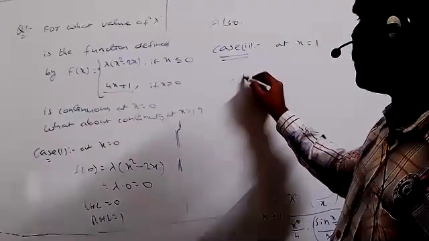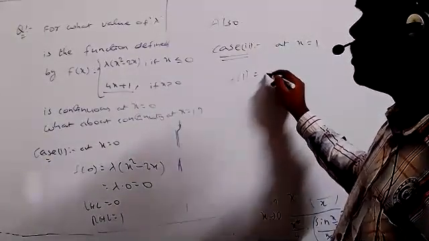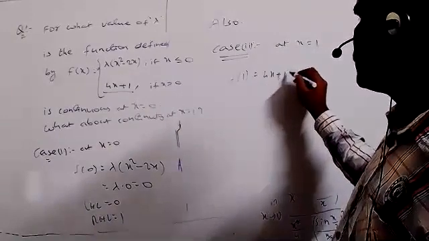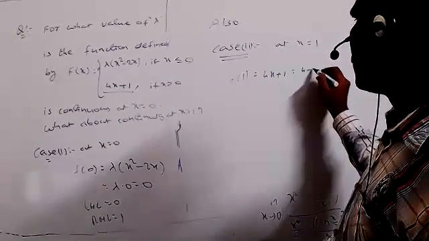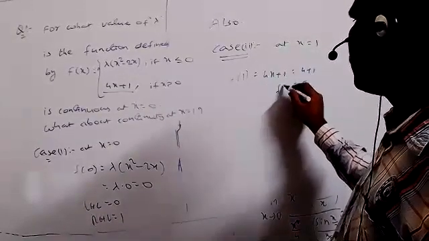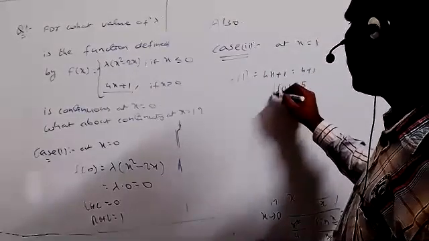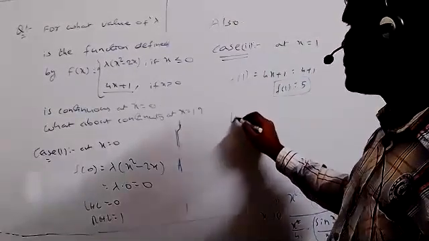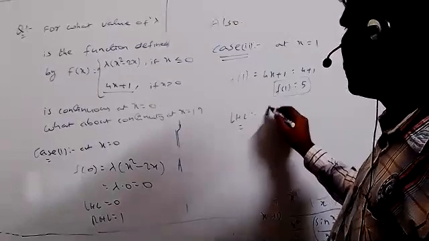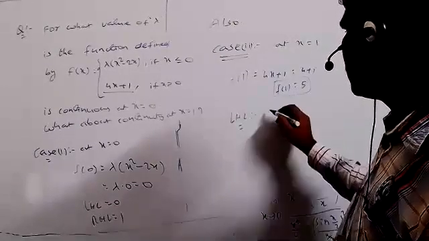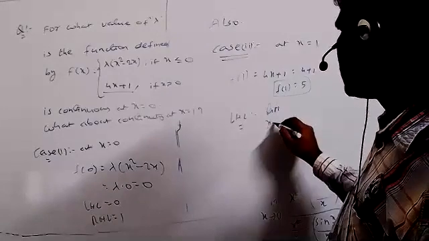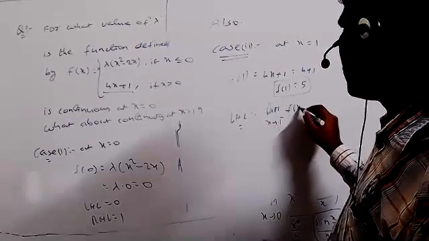Here you can write now f of 1 equal to 4x plus 1 is equal to 4 plus 1 equal to 5. The f of 1 equal to 5. Next LHL you can take. Limit x tends to 1 minus f of x equal to.